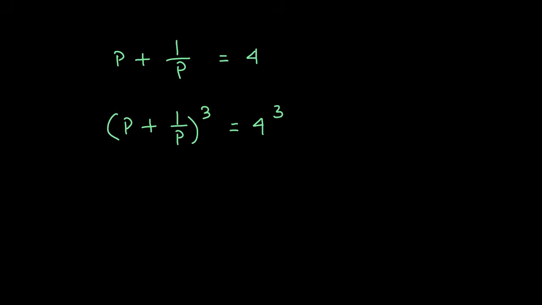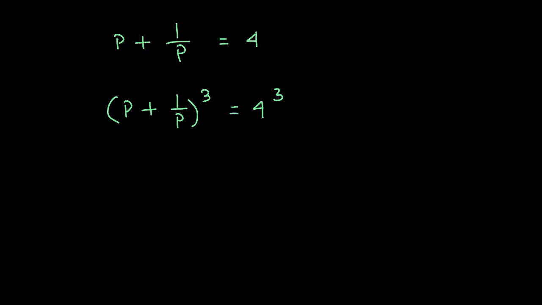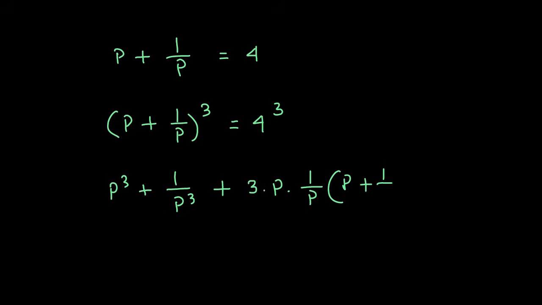We can apply a plus b whole cube formula. We can write p cube plus 1 by p cube plus 3 times p times 1 by p times p plus 1 by p equals 4 cube means 64.